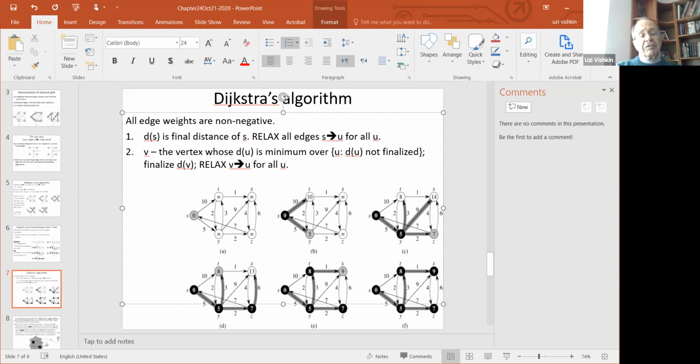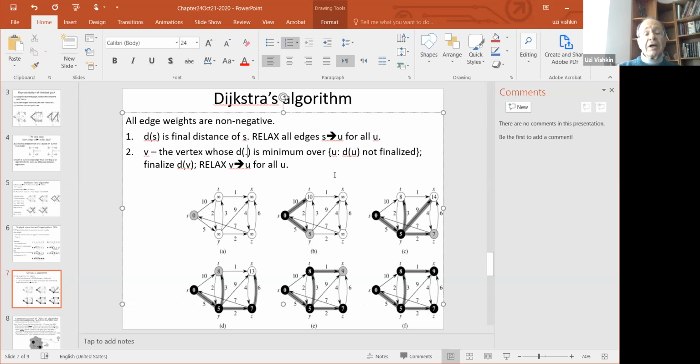the vertex whose D, let me put it this way, better to put it D dot, is minimum over this following set. So we look at all the vertices U for whom the distance has not yet been finalized.